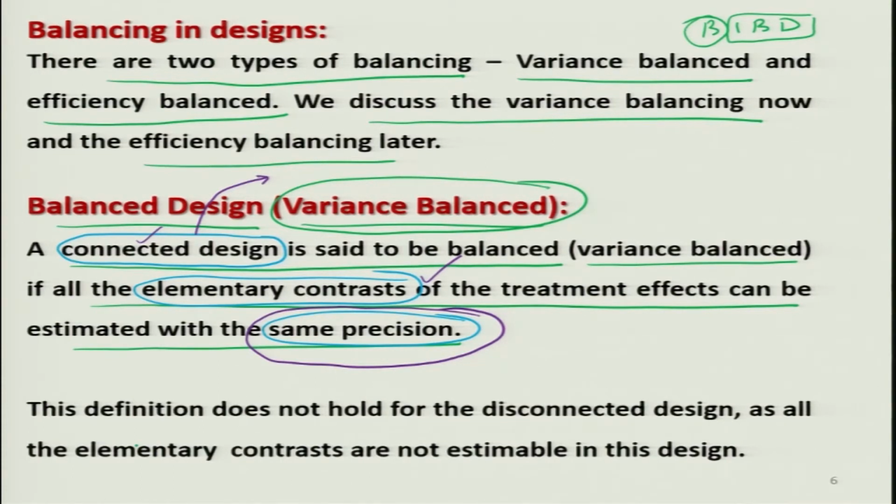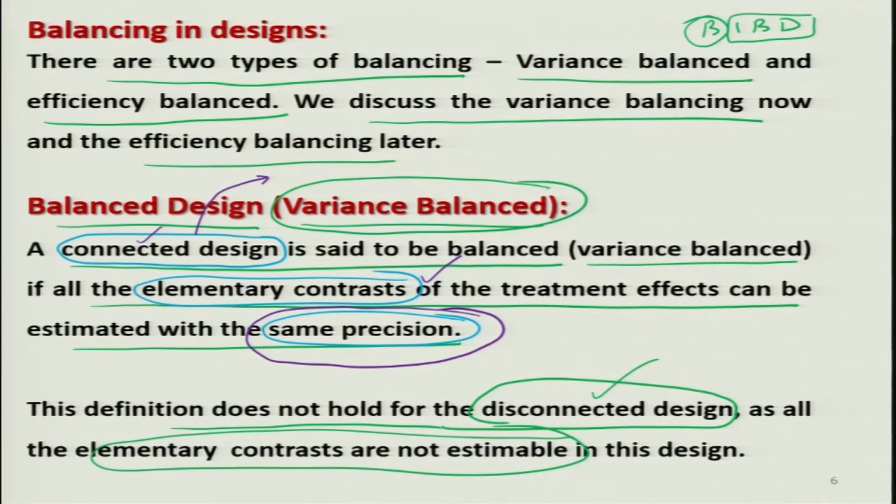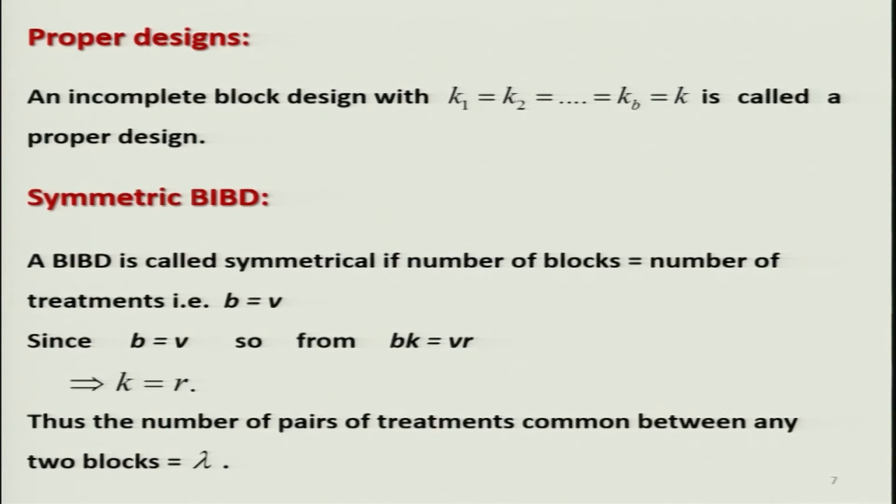Obviously, this definition does not hold for designs which are not connected, the disconnected designs, because in that case all the elementary contrasts are not going to be estimable. That is the basic definition. This is what I was requesting in the last lecture, that you come here with a good revision of the previous definitions, because now I have used these definitions directly.